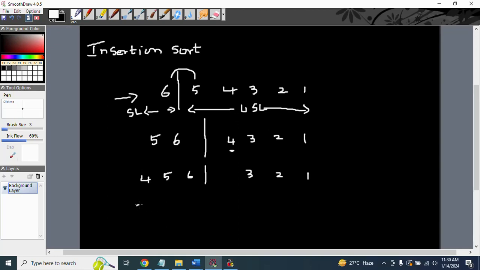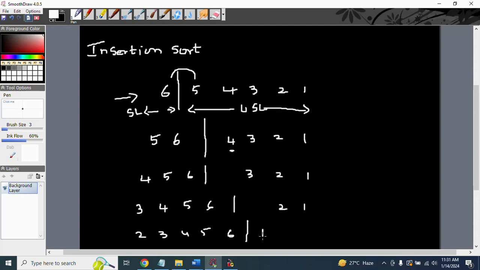So in the next step, it will be 3, 4, 5, 6. Then I'm left with 2 and 1. I'll compare 2 with all other elements and arrange it so that 2, 3, 4, 5, 6 are now part of the sorted list.